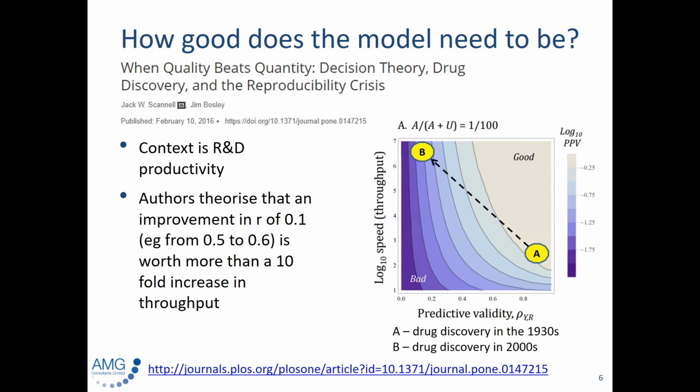And one of the things that struck me about it is this quote, that they theorized that an improvement in R, so an improvement in predictive validity, which they operationalize as R, of just 0.1, which doesn't seem like a massive amount perhaps, after doing a lot of theoretical modeling, they conclude is worth more than a 10-fold increase in throughput of your experiments.